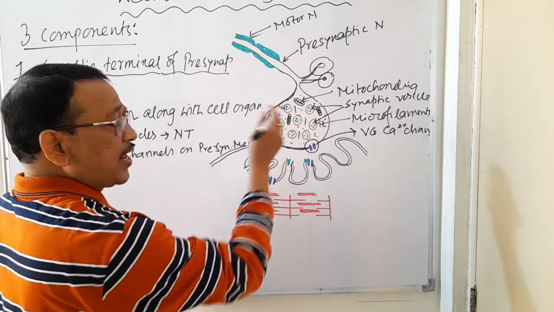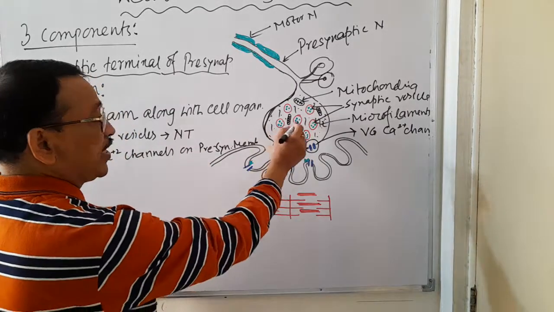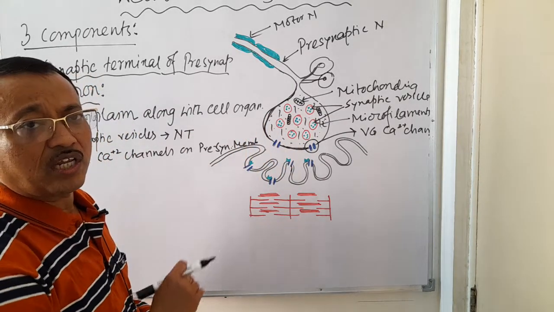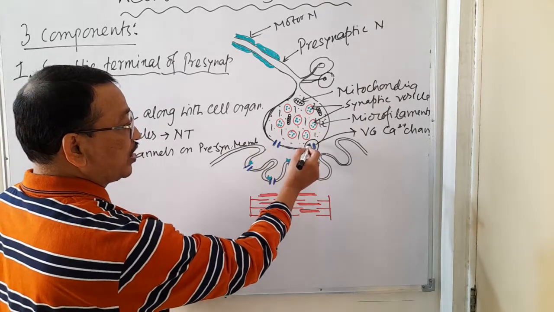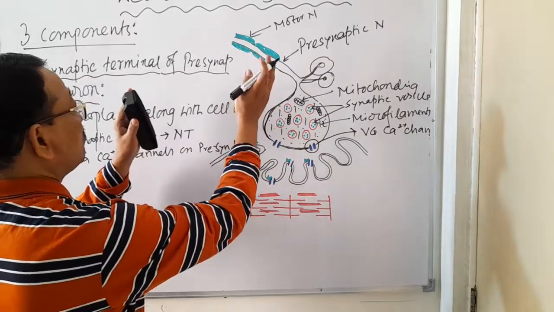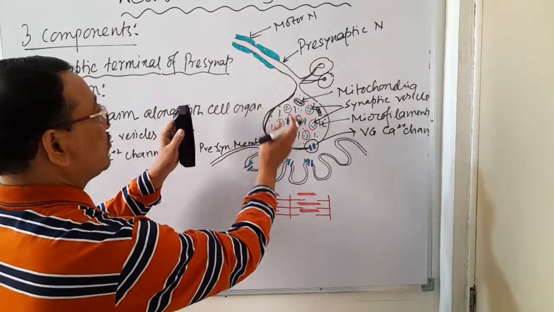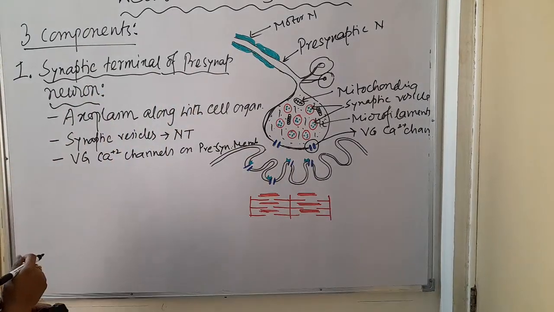Besides this, a specialized vesicular structure, known as the synaptic vesicle, contains the neurotransmitter acetylcholine. And on the presynaptic membrane, there are voltage gated calcium channels. So these are the parts of the first component, the synaptic terminal of the presynaptic neuron.